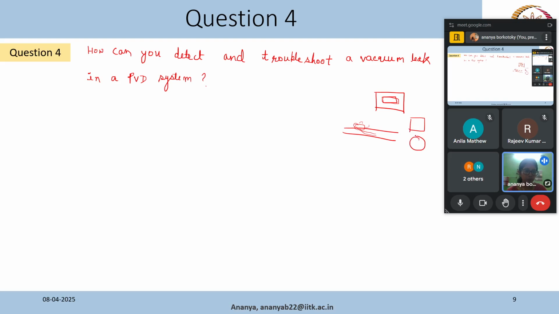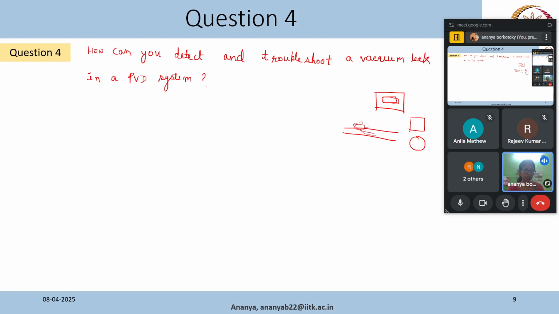If there is some cut in the o-ring, then the vacuum will not be created. Even though we try to close the door and connect the components, if the o-ring is not proper, or there are some particles on top of the o-ring, that might also create a leak. The o-ring is like a rubber pipe that holds two components together and creates vacuum.